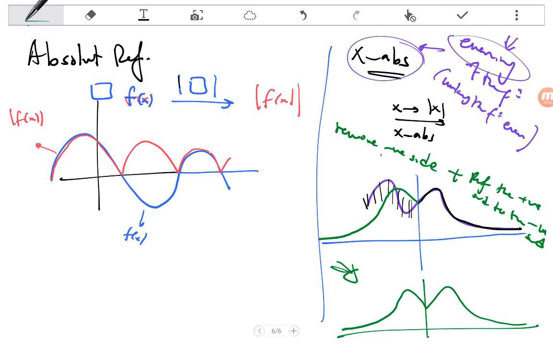So that is how we make these. These are the transformations that we have to study. Now let's check some exercises.